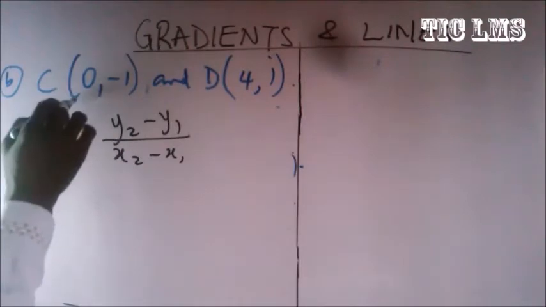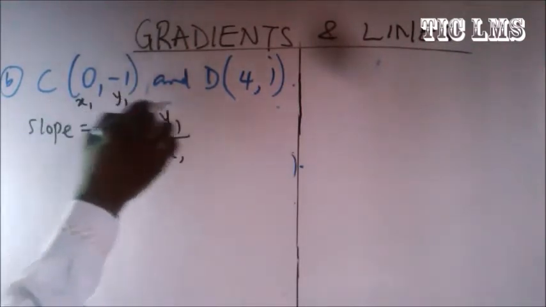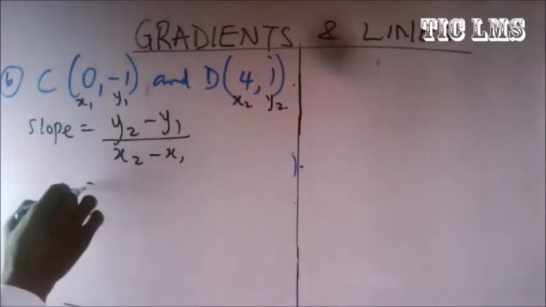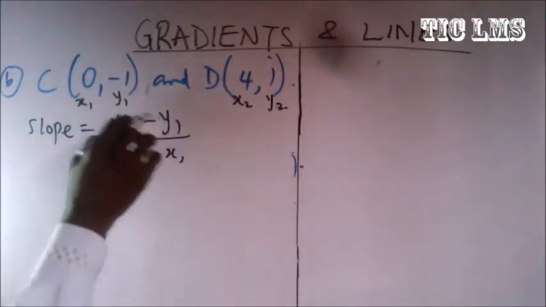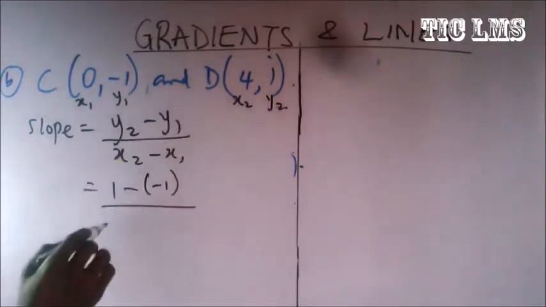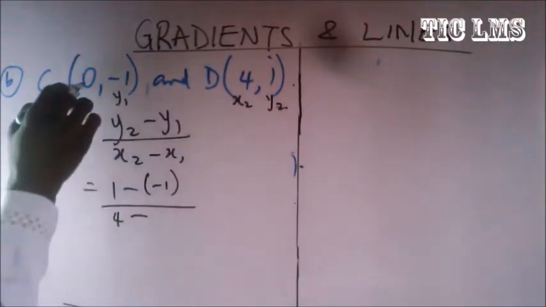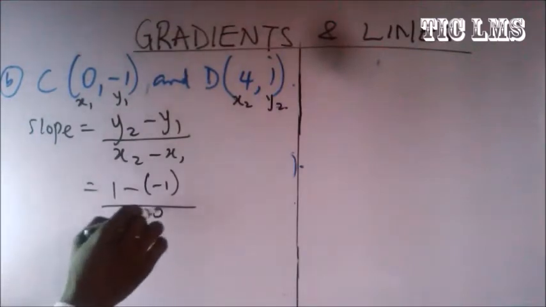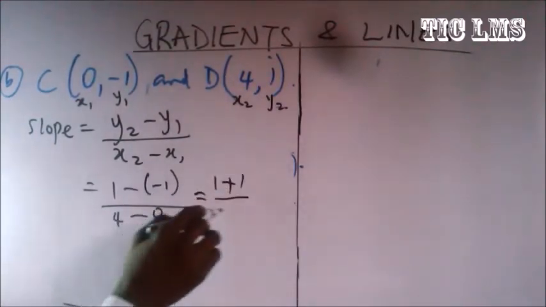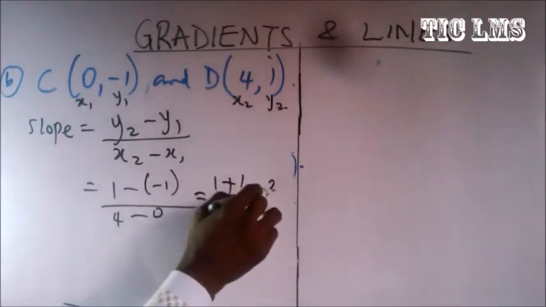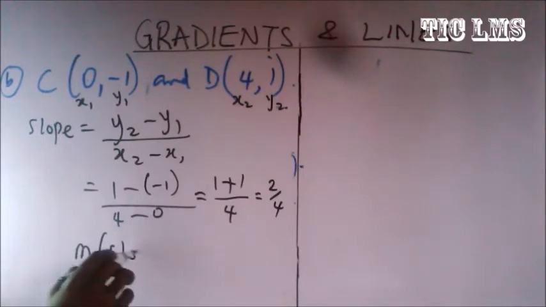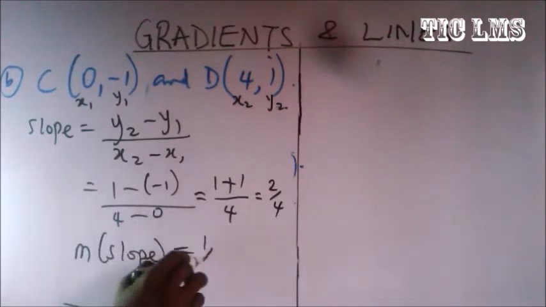So we have this as x1 and this as y1, here x2 and y2. So our y2 is 1, so we have 1 minus y1, which is -1, over x2, which is 4, minus x1, which is 0. So 1 minus -1 is 1 plus 1, then 4 minus 0, which is 4. So we have 2 over 4, and so our slope is equal to 1 over 2.